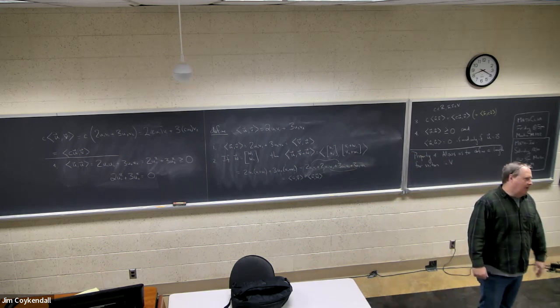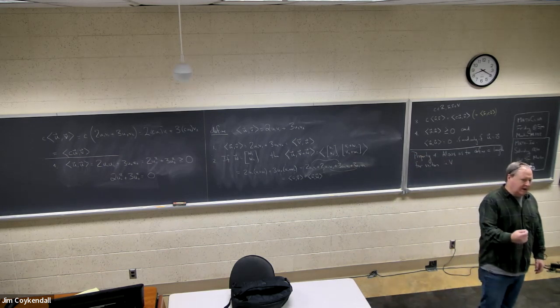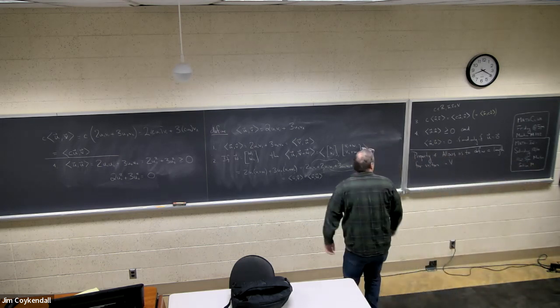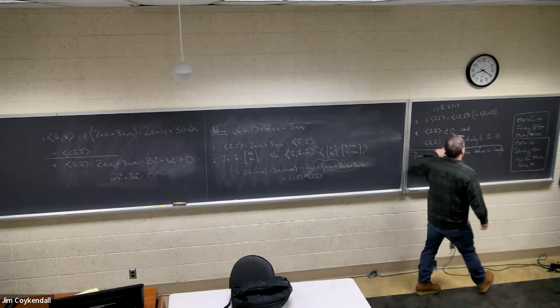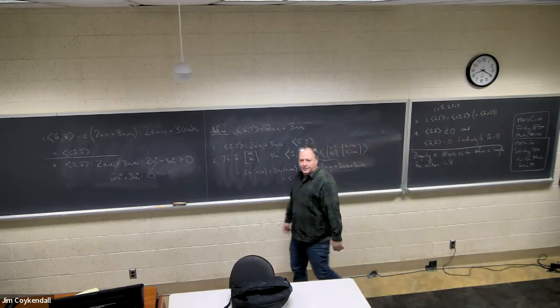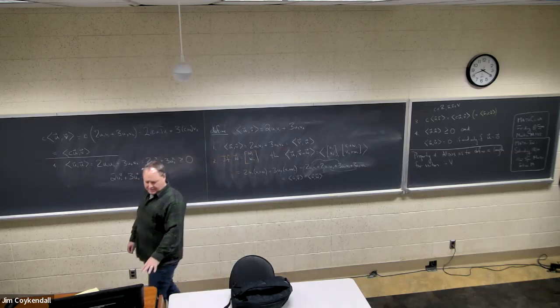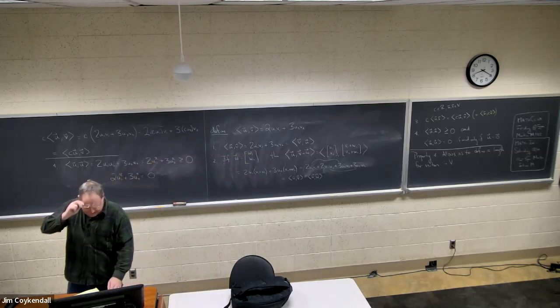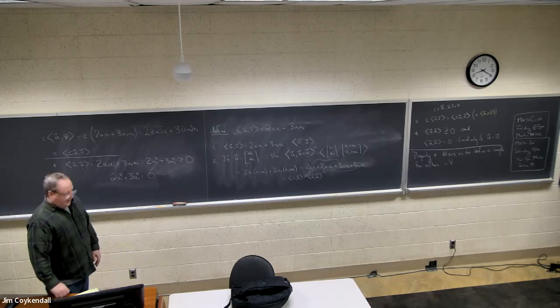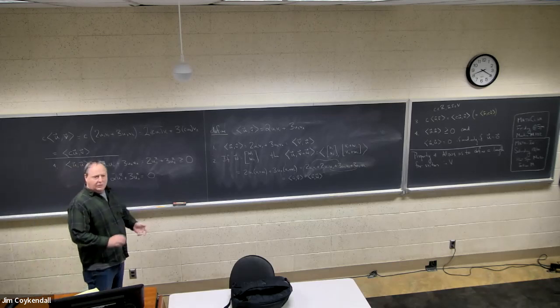Because if either one of them is not zero, then you've got a little positive piece at least, right? So that means that if this is zero, then both coordinates have to be zero. Everybody okay? Questions?